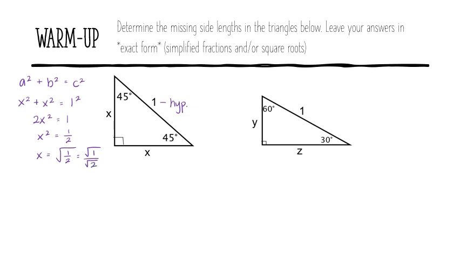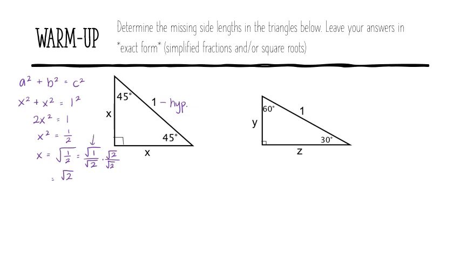But of course, I can't leave that square root in the denominator. It's one of my syntax rules here. So that means I need to get rid of that by multiplying both the top and the bottom by the square root of 2. So what that's going to be equal to then is the square root of 1 times the square root of 2, that's just still the square root of 2.